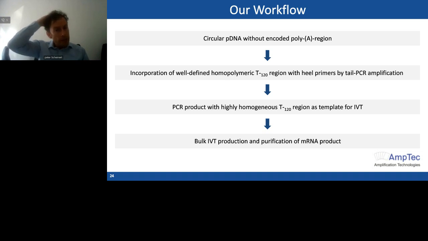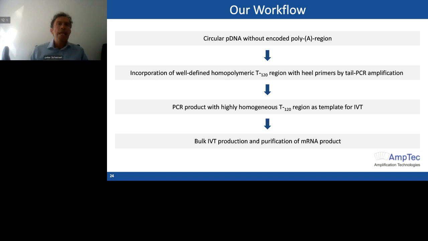The process starts with a sequence from a customer. We receive a plain sequence. Then we start with the gene synthesis step, the plasmid preparation step. Then we receive from an external collaborator a circular plasmid DNA. We don't need an encoded poly-A tail in the plasmid.